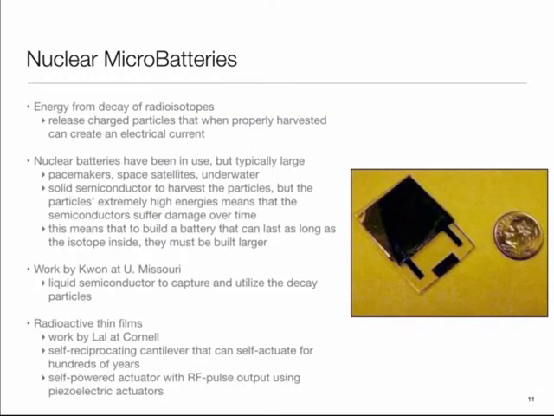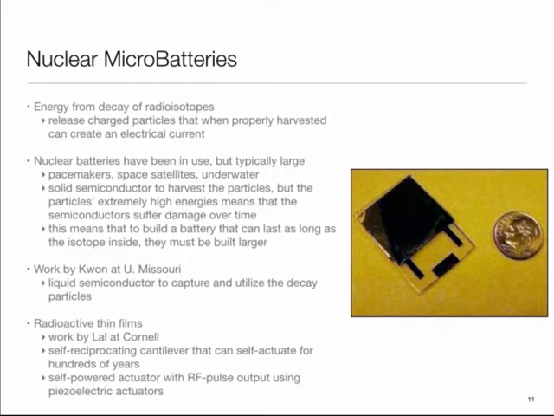There are also nuclear microbatteries, which have been around for a long while. What these do is they consist of some radioisotopes, and they look at the charged particles which are coming out as a result of the nuclear reaction which is going on.